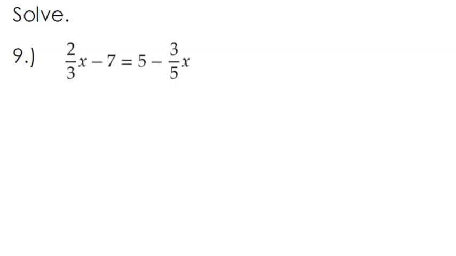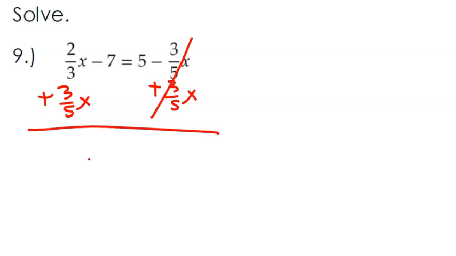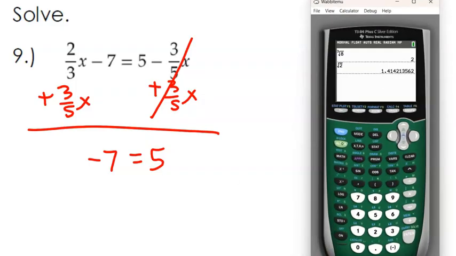Number 9. I'm going to add 3/5 x to both sides. And you have a calculator, so let's practice using that fraction button on our calculator. And I'm going to do 2/3 plus 3/5. Which gives me 19/15. Now I need to add 7.